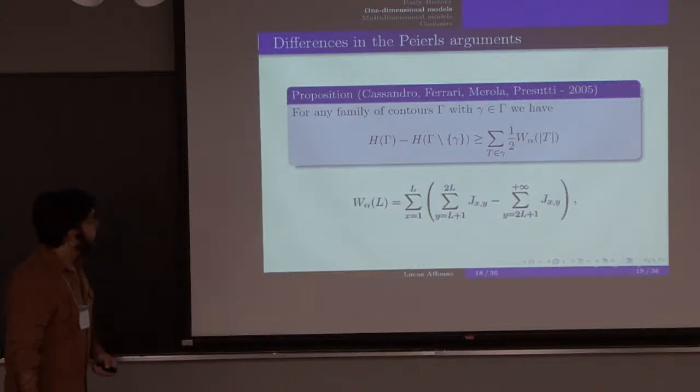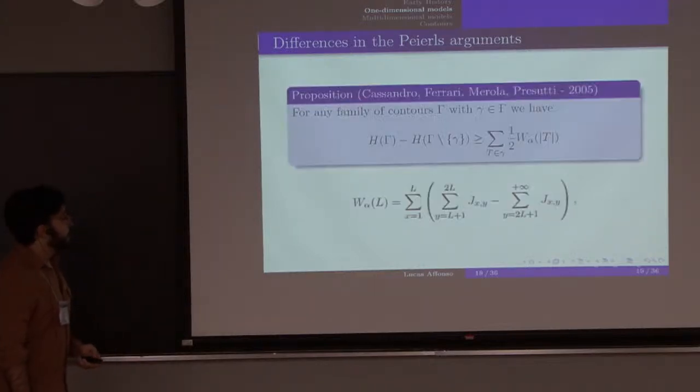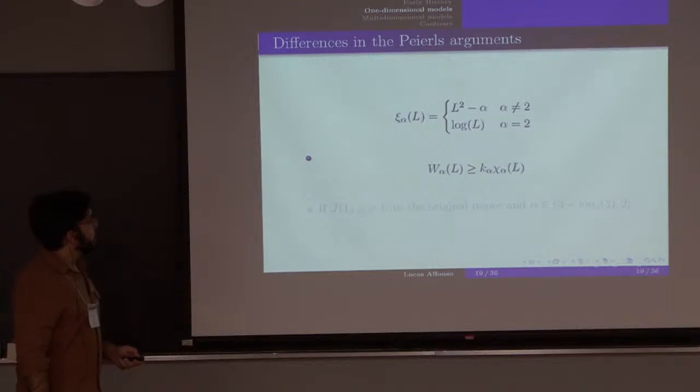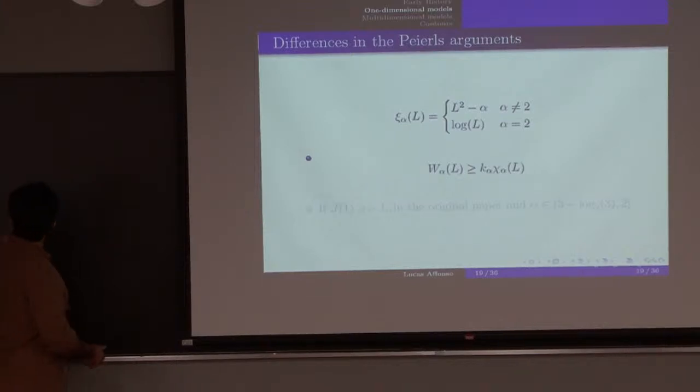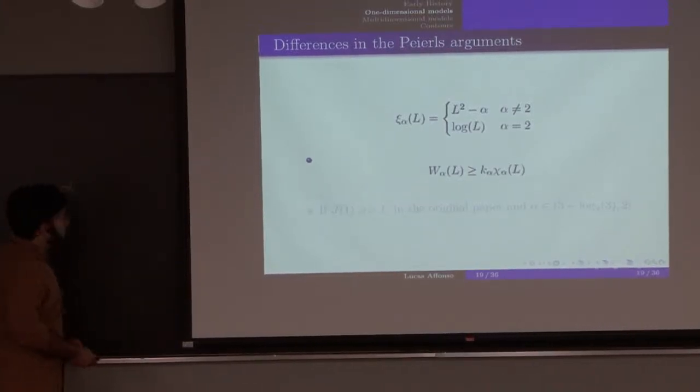Okay. And just to get a feel for what this means, what they managed to show is that if you define, okay, this is a mistake, it was supposed to read L to the power 2 minus alpha, so it's L to the power 2 minus alpha, okay.